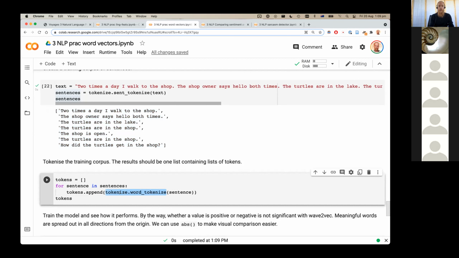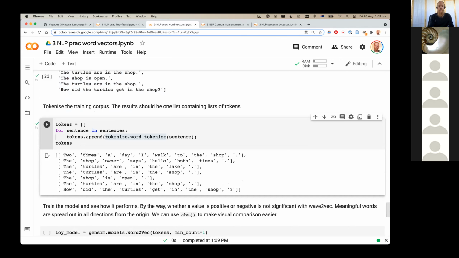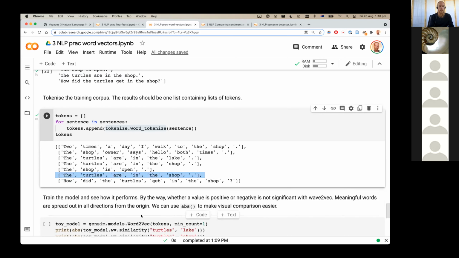We can use NLTK's word_tokenize, and lo and behold, like magic, I get my big list that contains individual lists of tokens. Funnily enough, I've got a repetition in there.